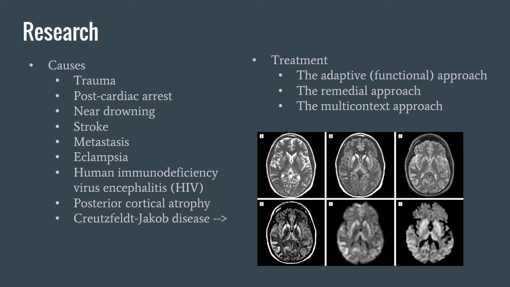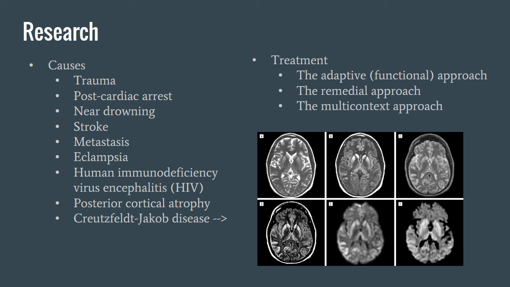There are a few treatments that have been observed. The first is the adaptive or functional approach, which involves functional tasks utilizing the person's strengths and abilities. This is helping them compensate for problems or altering the environment to lessen their disabilities. This is also the most popular approach.